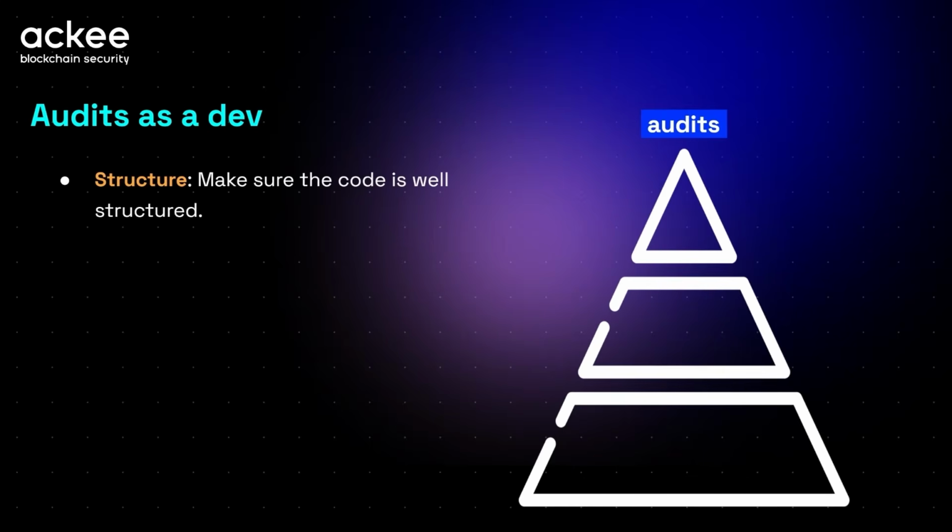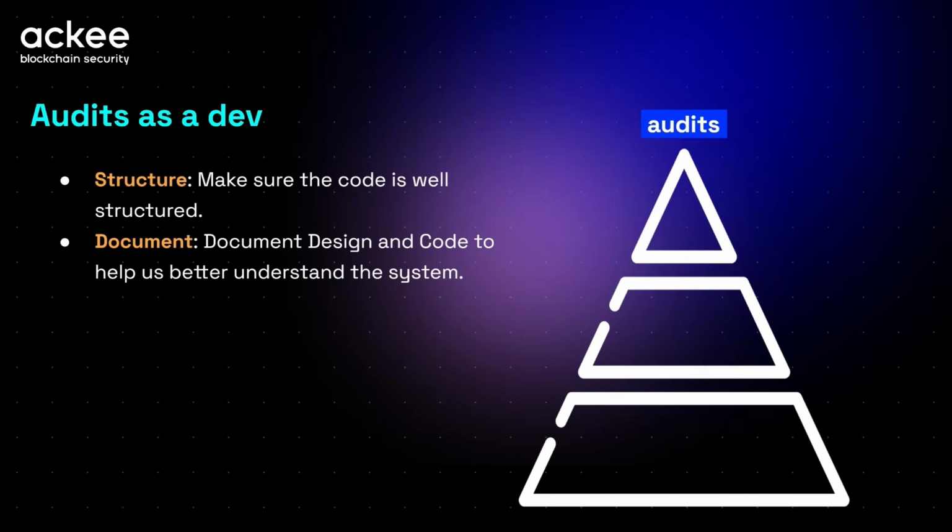And after you come back after 6 months, if the code is well structured, you will definitely understand faster what you developed 6 months before. So that's from the structure.